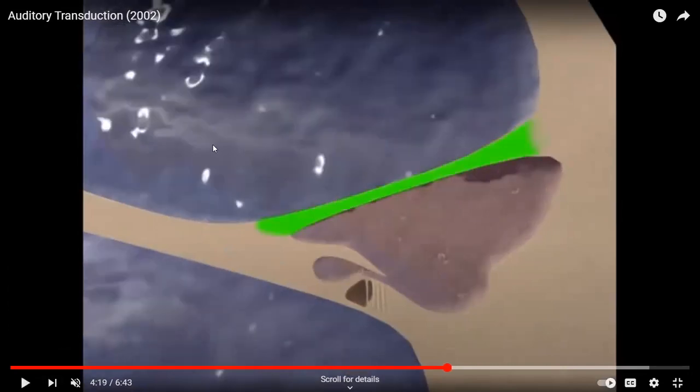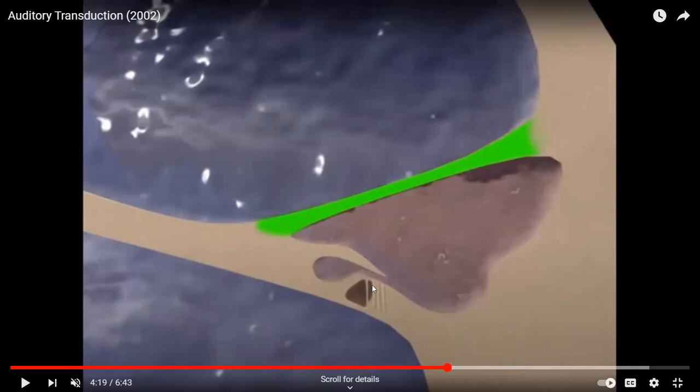I'm going to stop this. Take a look at the one good aspect of the animation: the scala vestibuli up here. Highlighted in green is the vestibular membrane. Down here is the scala tympani. Pressure waves will be rushing through here like crazy. And in addition to the vestibular membrane in green, a little later, the basilar membrane will also appear green.